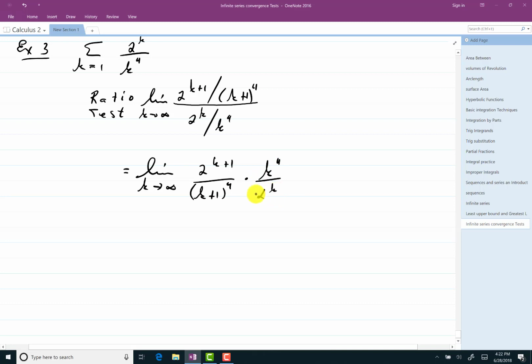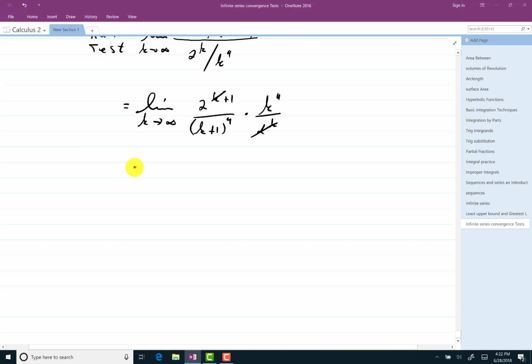I'll play the same game as far as canceling. I'll get rid of most of the 2's. In fact, you can take the 2 out front of the limit because it's not affected by this limit in any case. What I have left is k to the 4th over k plus 1 to the 4th.